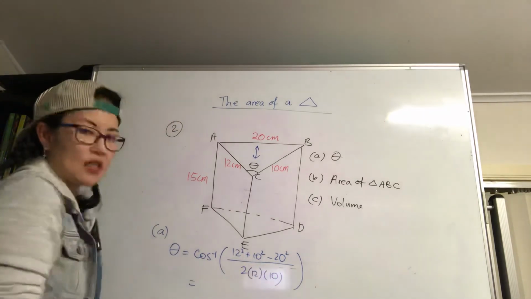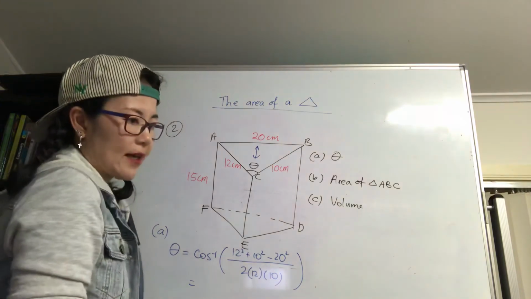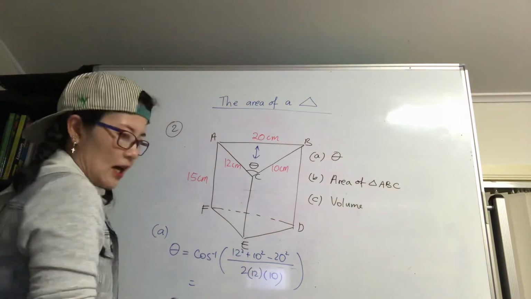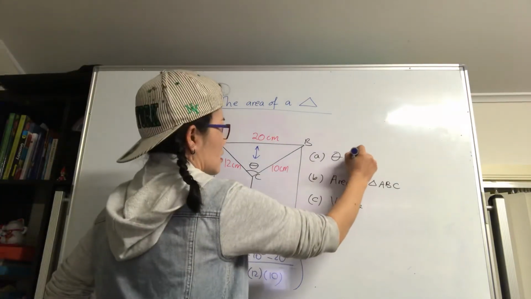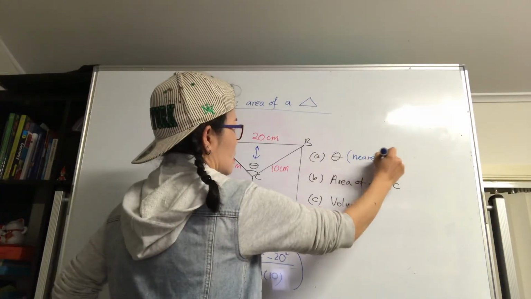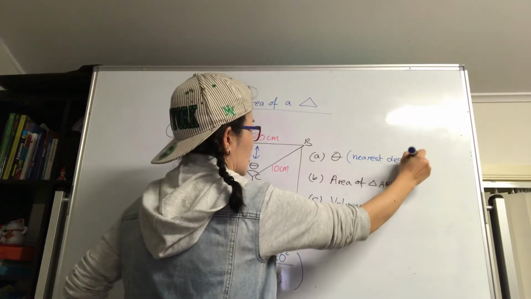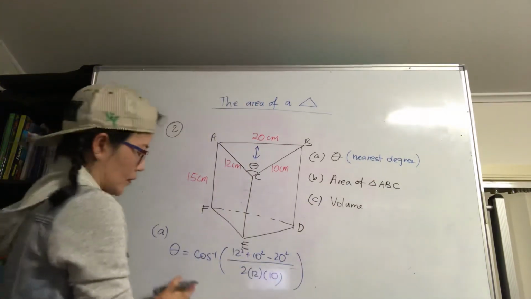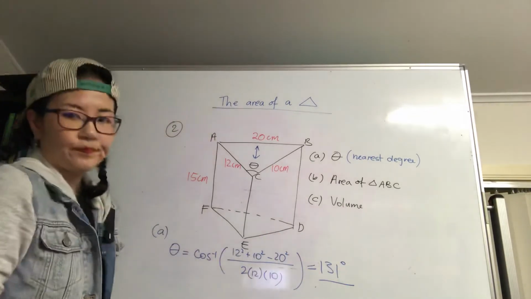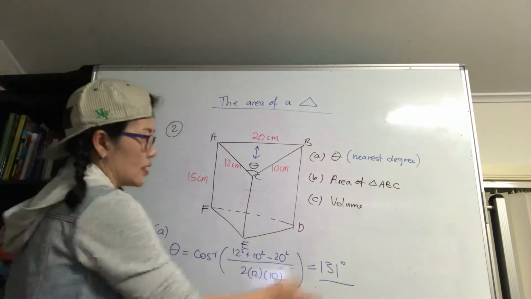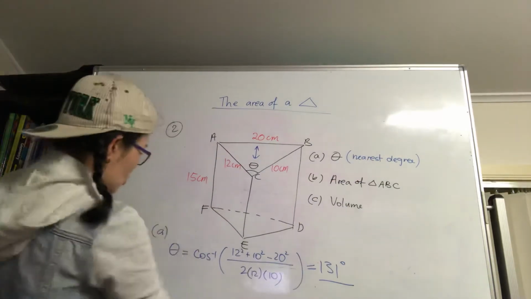Now if you put that in your calculator, what do I get? I will get 130 degrees and 32 minutes. I want it to the nearest degree, so here I'm going to say 131 degrees. Okay, that's not too bad.